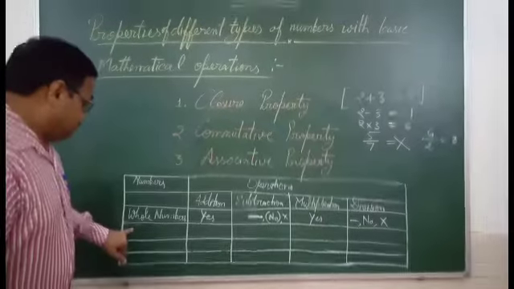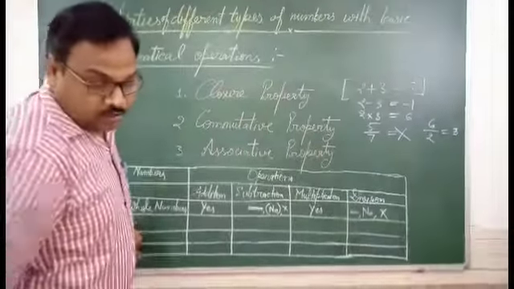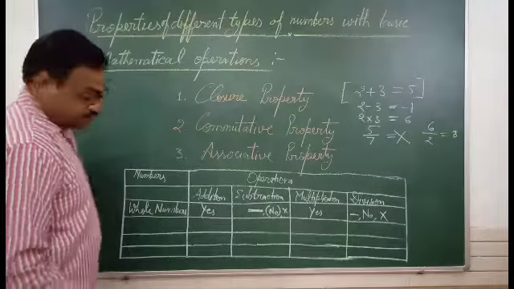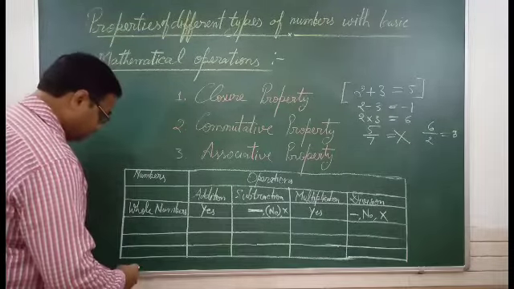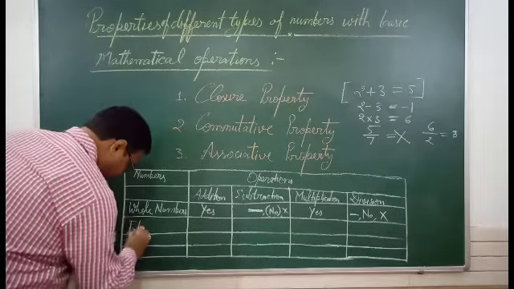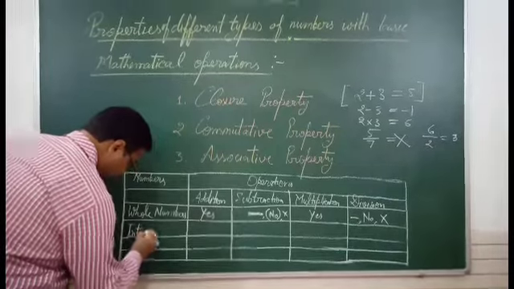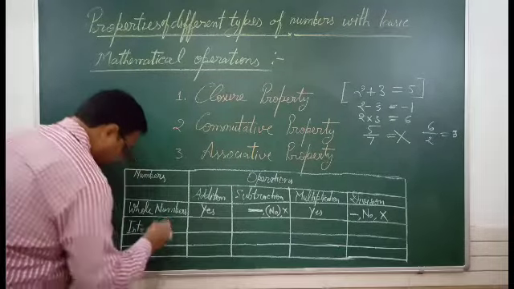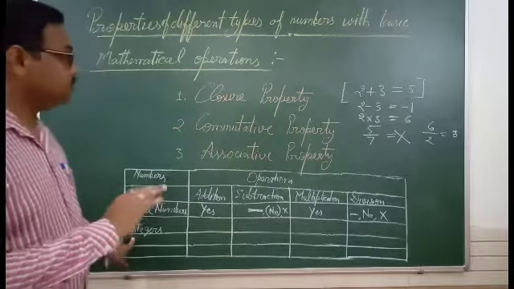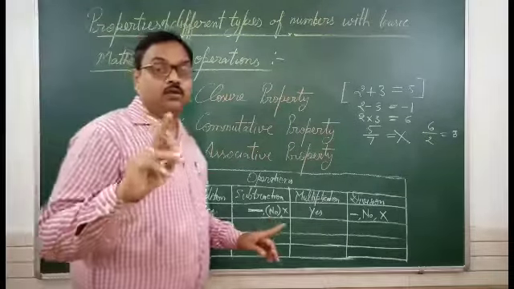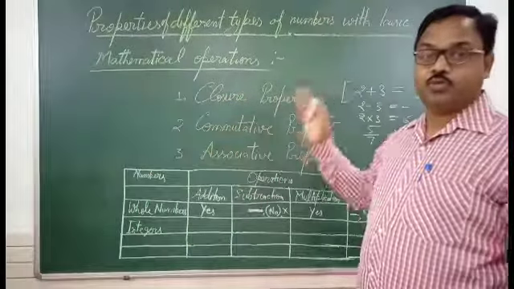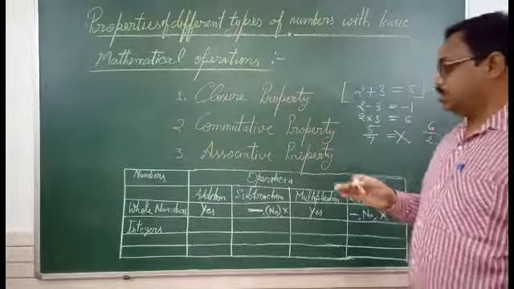The next category is of integers. In integers, as you know by the definition of integers, negative numbers, positive numbers and 0 all come under it.